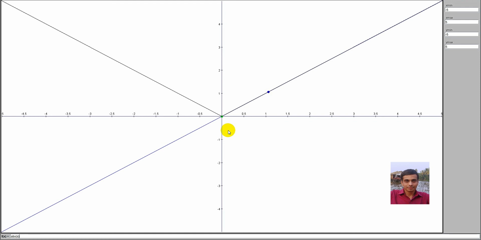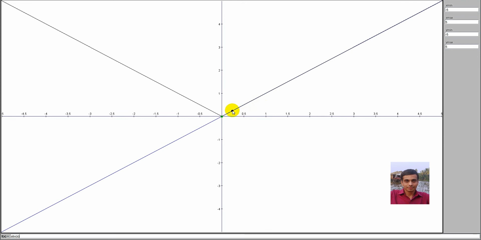We know that mod x is not differentiable at point x equal to 0, at the origin. So let us see what happens graphically when we try to achieve the limiting position of secant line. Again, you can observe that this is a secant line and it coincides with the curve itself in this case because the curve is a straight line.